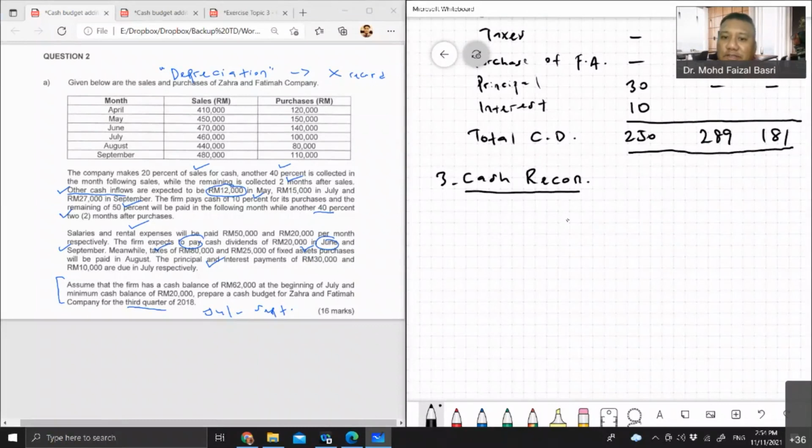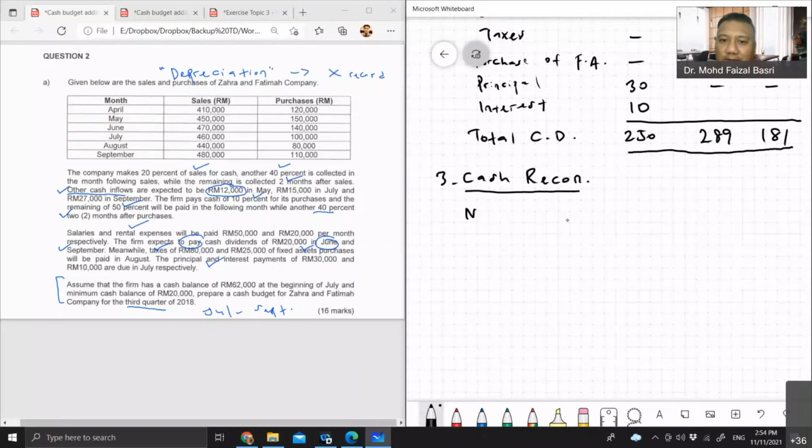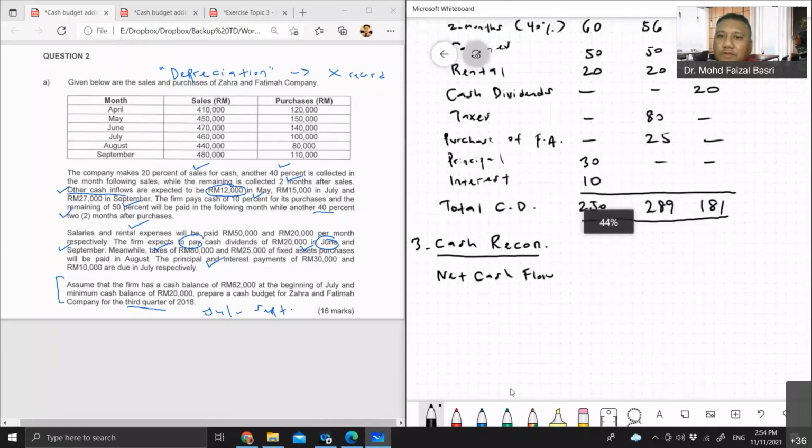For cash reconciliation, we're going to start with what we call net cash flow, or in short, NCF. To get the respective month's net cash flow, simply take cash receipts minus cash disbursement.